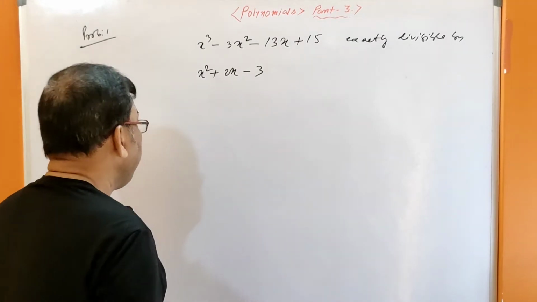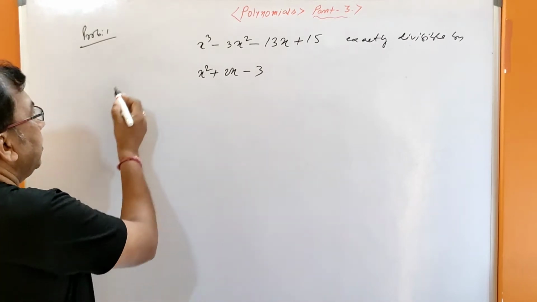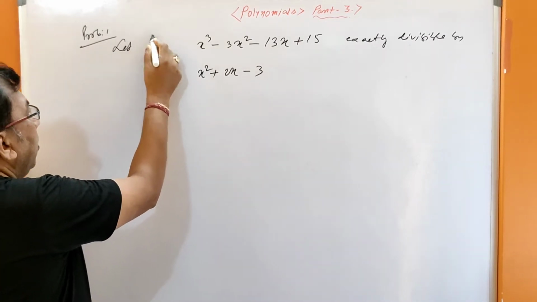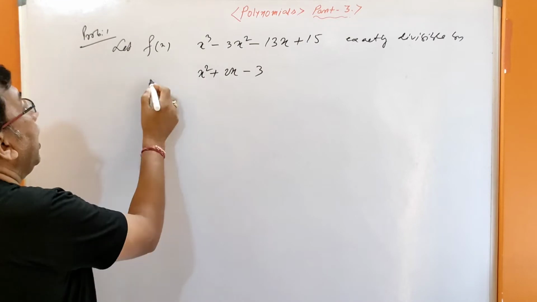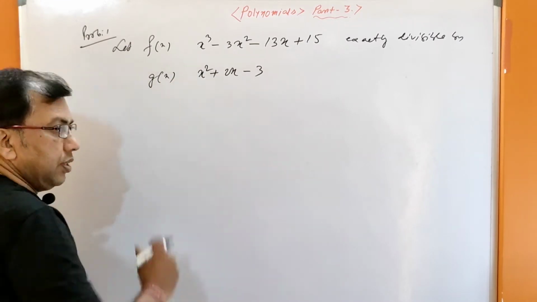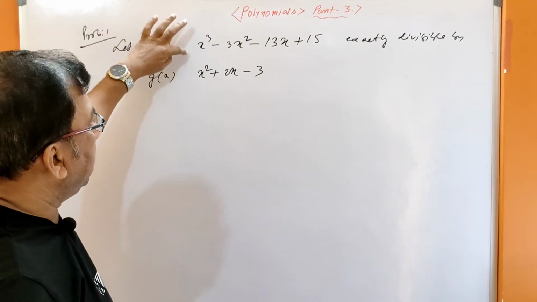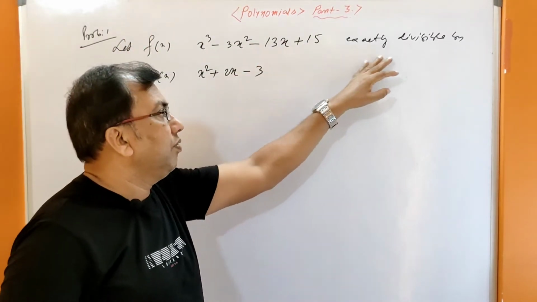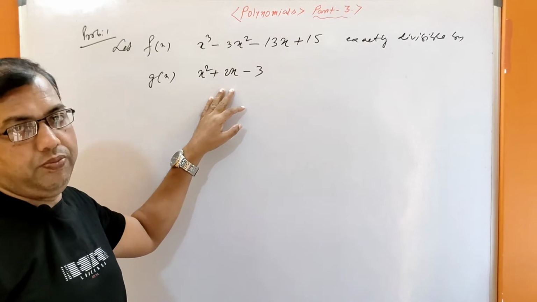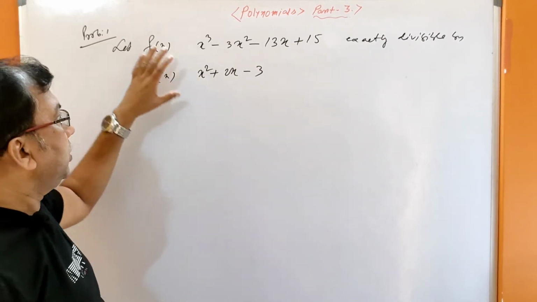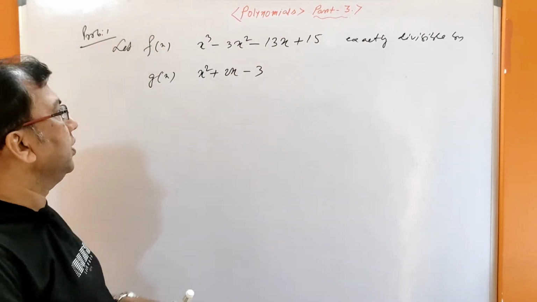This is the question. Let f(x) equal this and g(x) equal this. Without actual division, you have to show that this polynomial is exactly divisible by this.